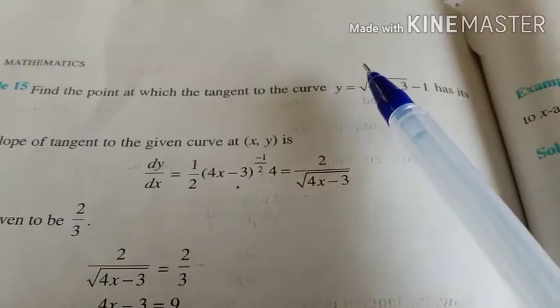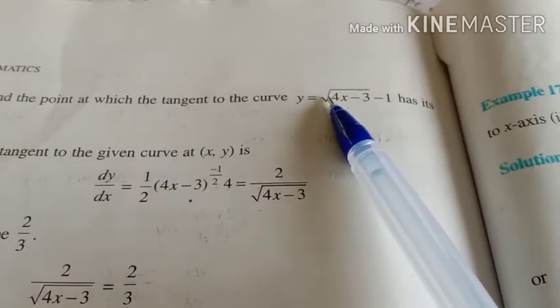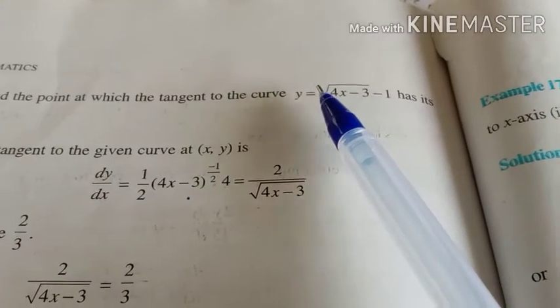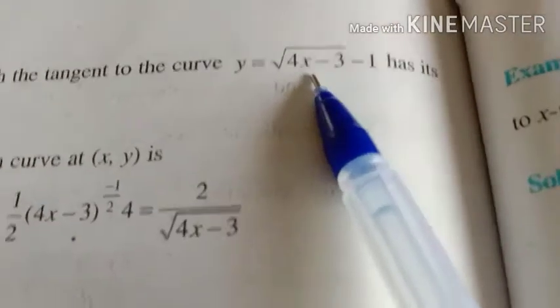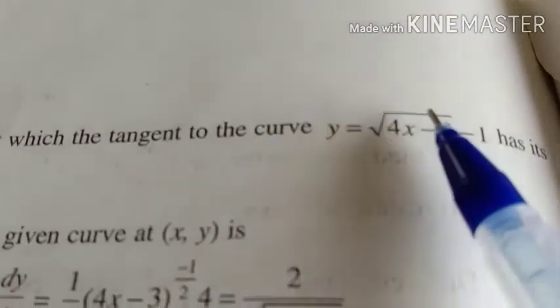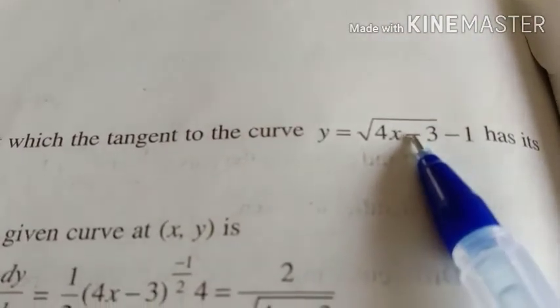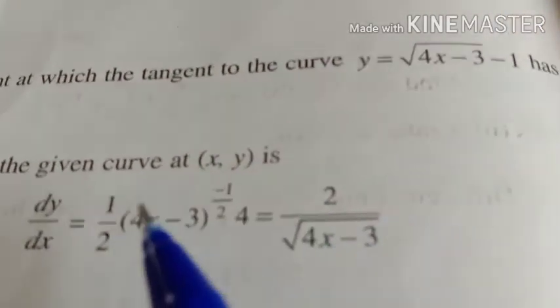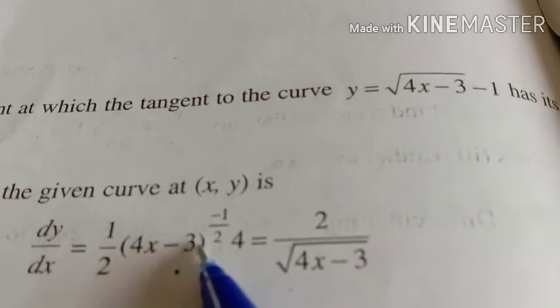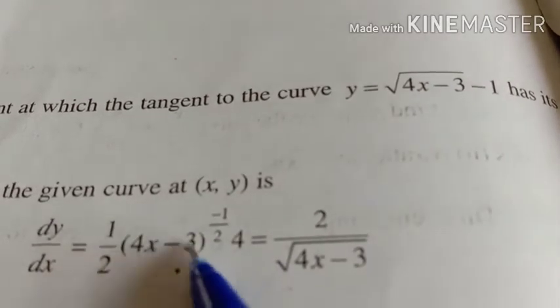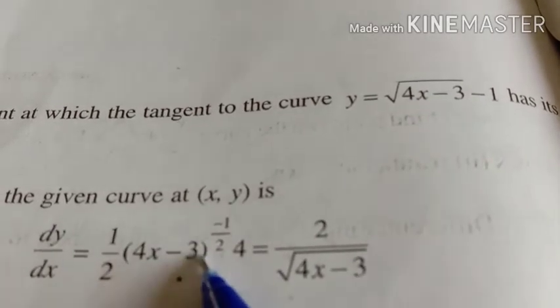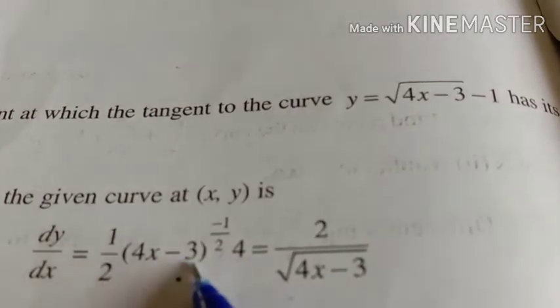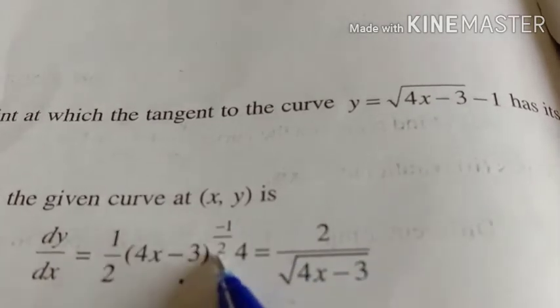Slope means slope of the tangent, that is dy by dx is given. Now listen, find the dy by dx of this curve. What is the derivative? Derivative of root x is 1 by 2 root x. So what is derivative of root of 4x minus 3? Root of 4x minus 3 is 4x minus 3 to the power 1 by 2.